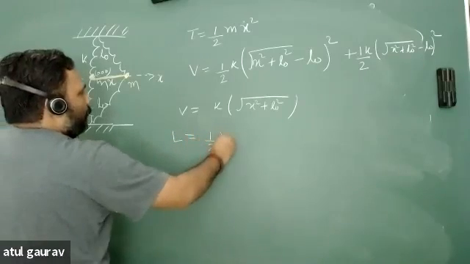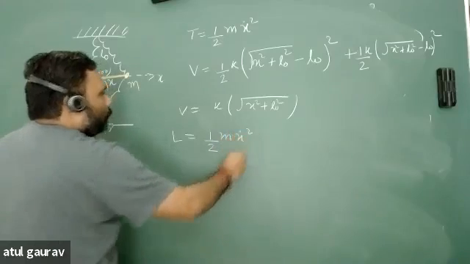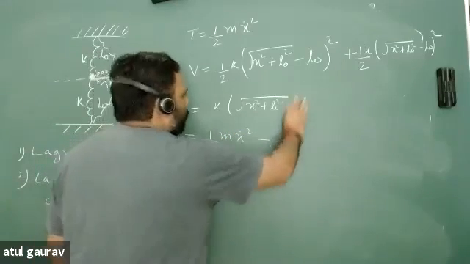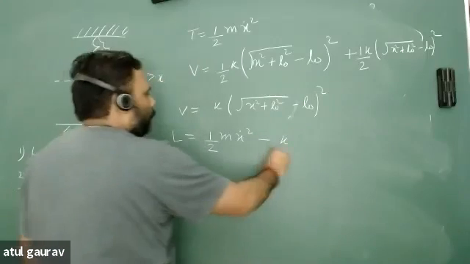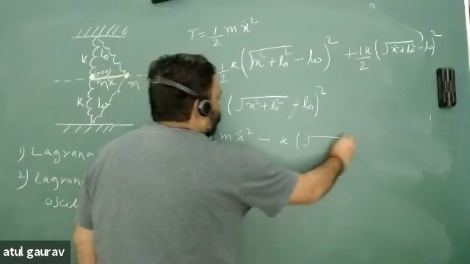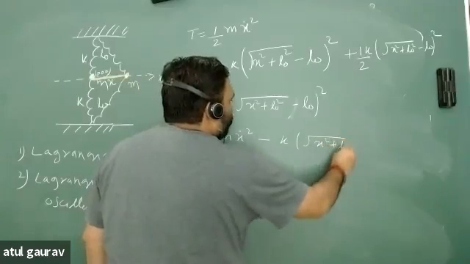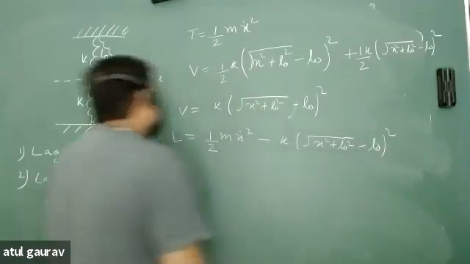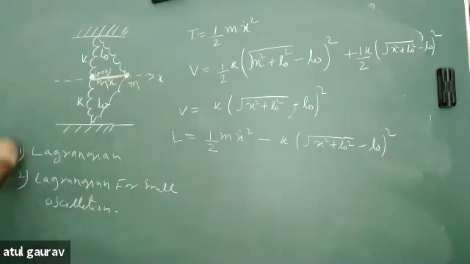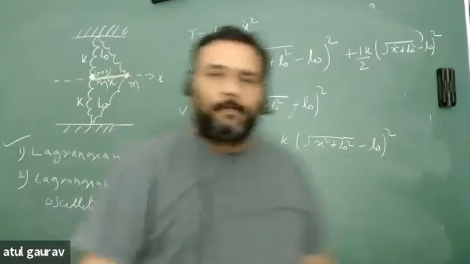The Lagrangian is half M X dot square minus K root under X square plus L naught square minus L naught whole square. So this is the Lagrangian. I have done the first question. Very trivial, very simple. There is not any problem.